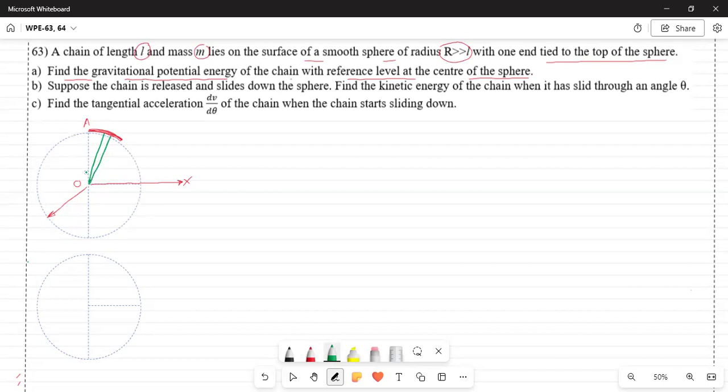For that, let us say a small part of the chain, dl, which makes an angle d theta at the center, with theta measured from the vertical.